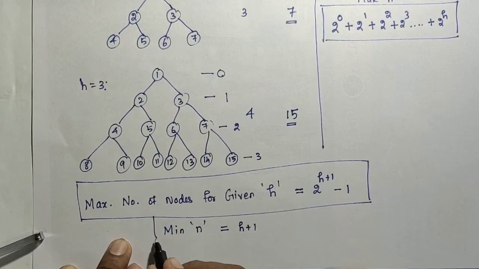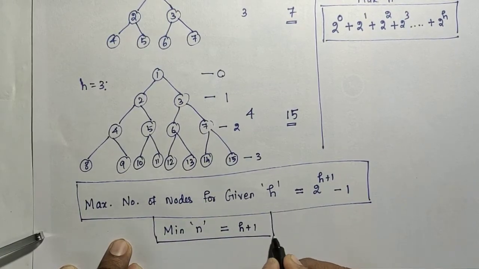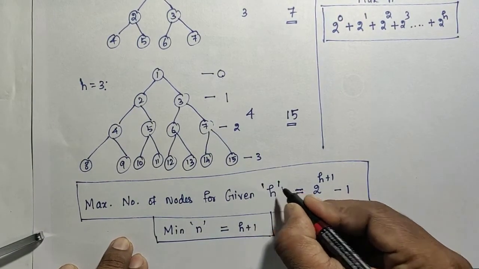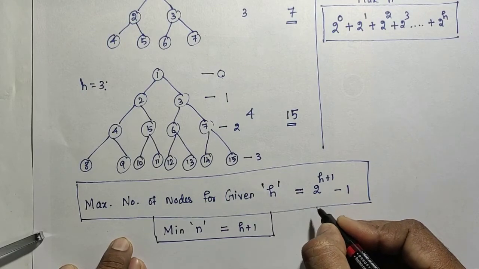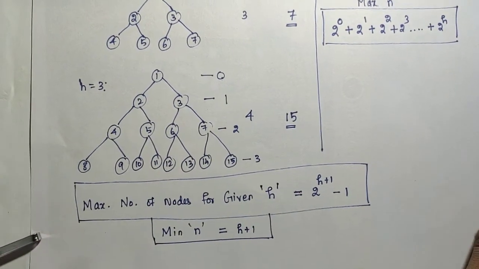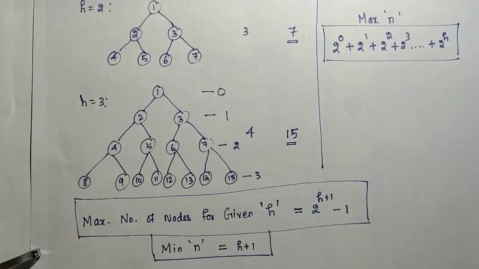So this is the number of nodes needed for a given height. Okay, so we remember this formula. If h is given, we need to show the maximum number of nodes to be added for the binary tree. So this is the case for the binary tree.